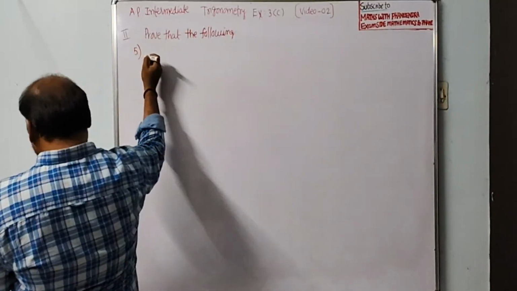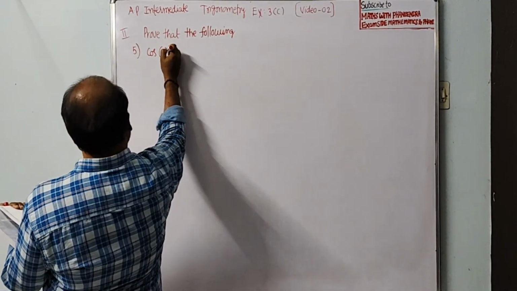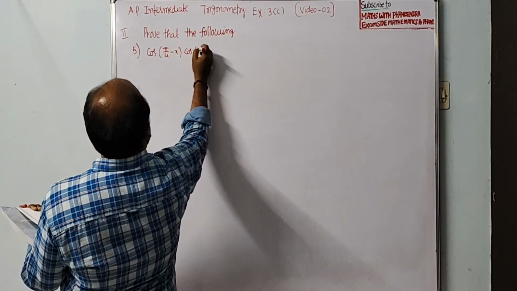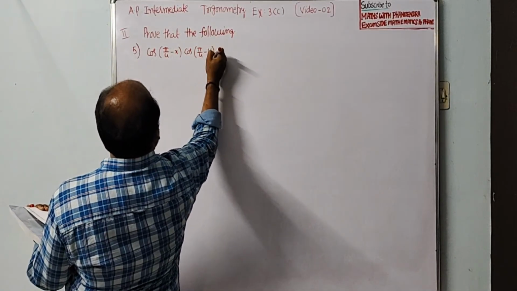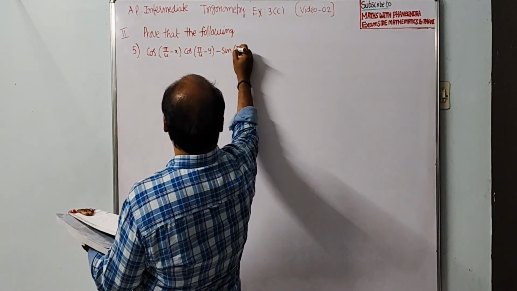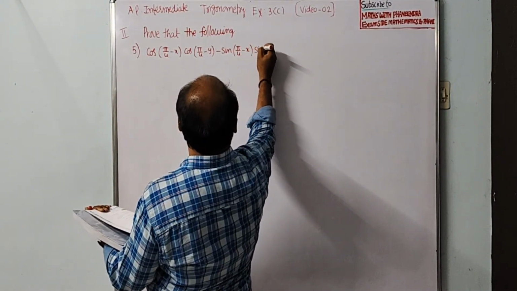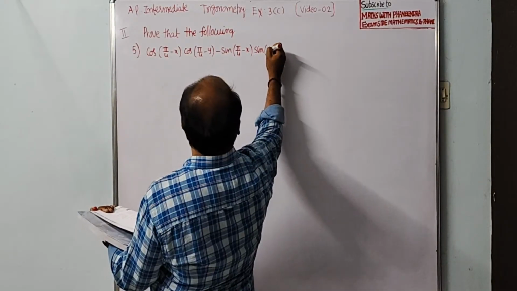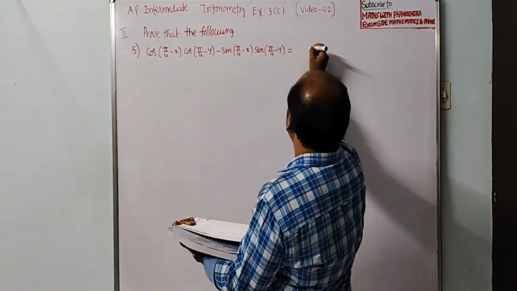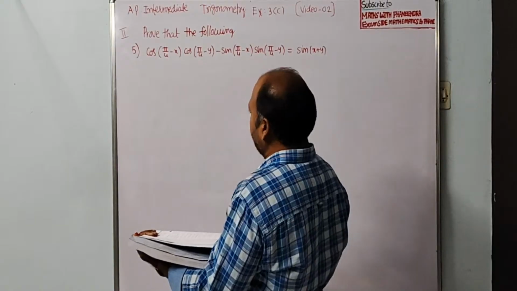Question number 5. Cos of pi by 4 minus x, cos of pi by 4 minus y, minus sin of pi by 4 minus x, sin of pi by 4 minus y equal to sin of x plus y.